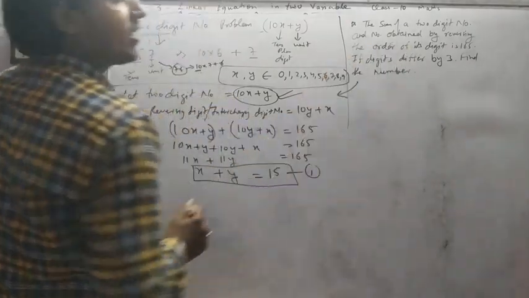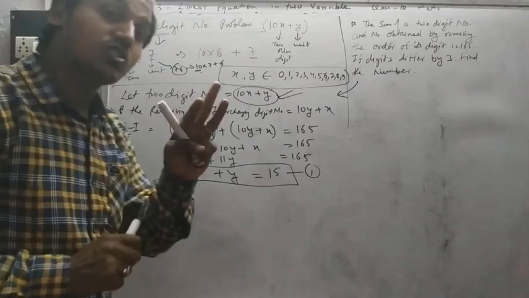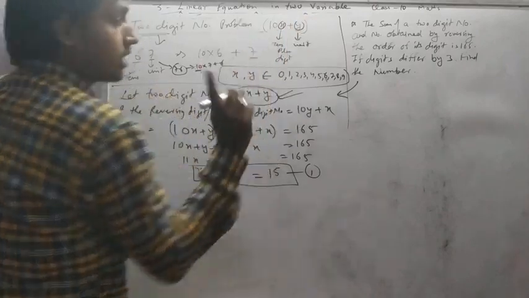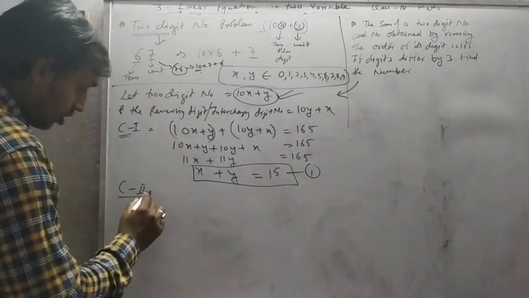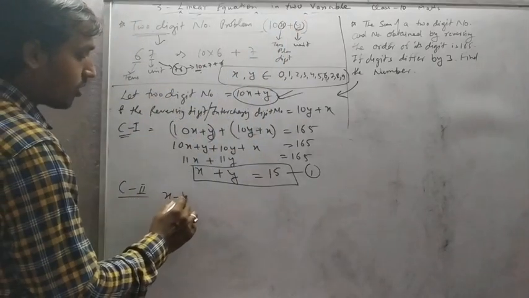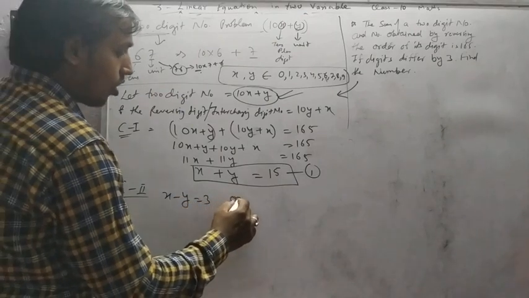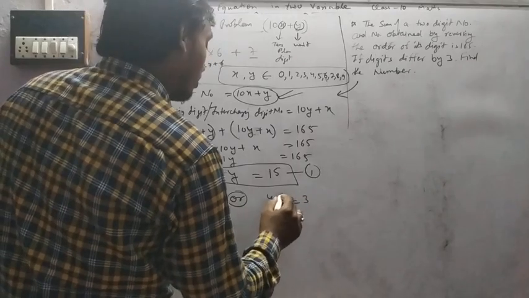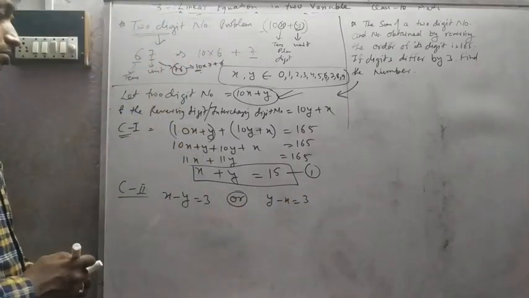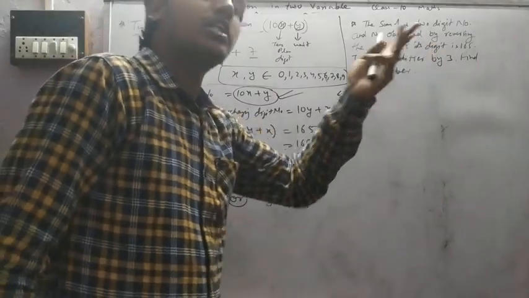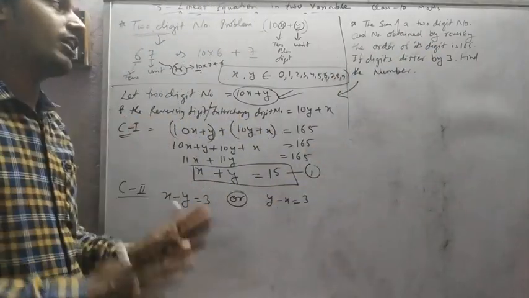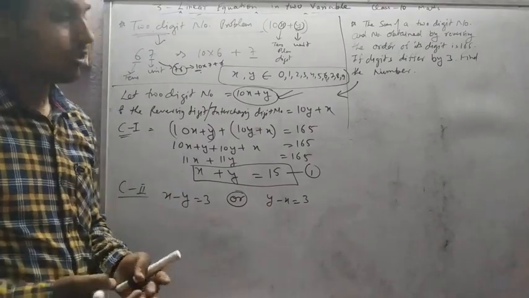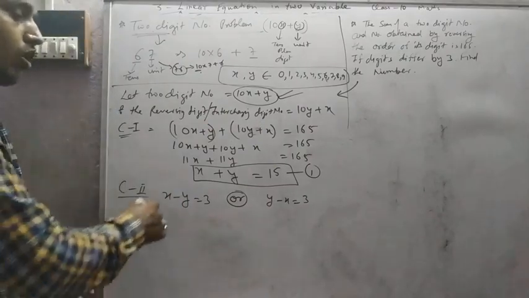The digits differ by 3. Digit means only x, y. Here x, y are the digits, not 10x. So case second: x minus y is equal to 3 or y minus x is equal to 3. Both cases are followed here because differ means greater minus smaller. It is not clear whether the unit place is greater or the tens place is greater. So we solve for both.